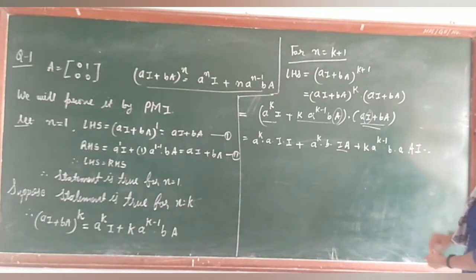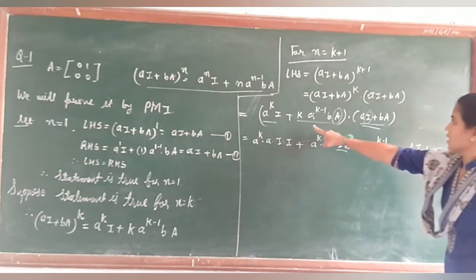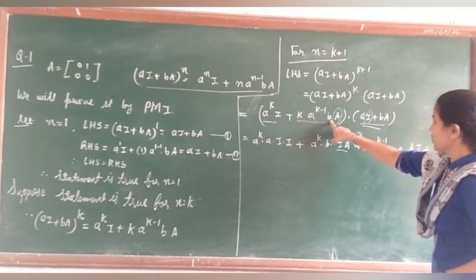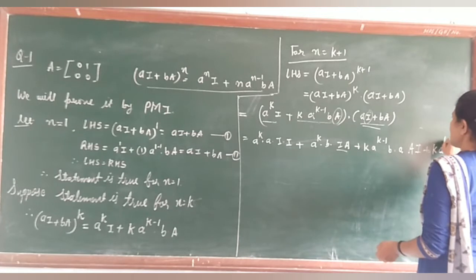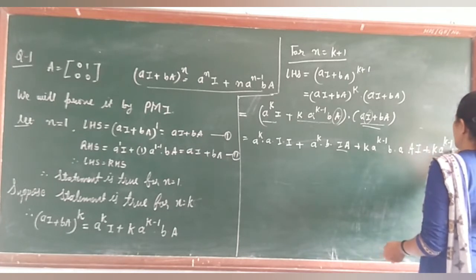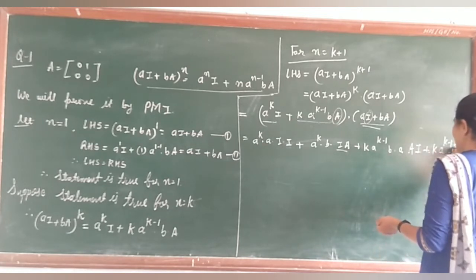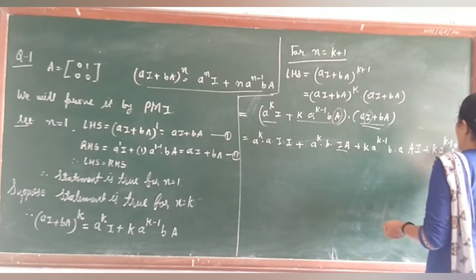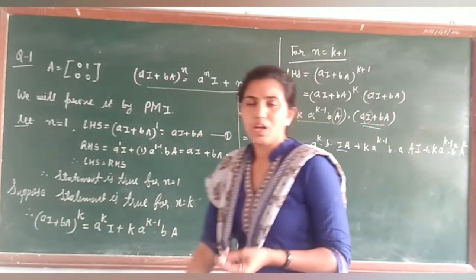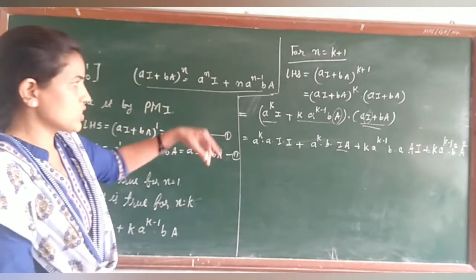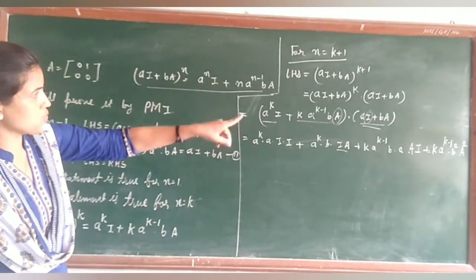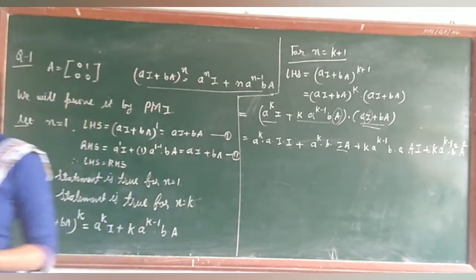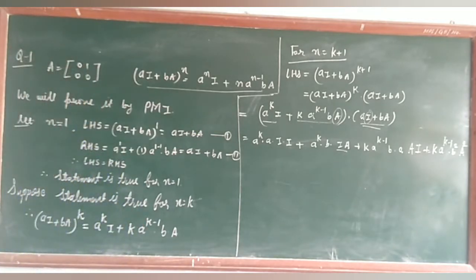Then last multiplication is k a raised to k minus 1 b A into b A. So I am writing k a raised to k minus 1 b into b, b square I can write directly. A into A I can write as A square. क्योंकि ये सेम मैट्रिक्स है, so I can write down like this: k a raised to k minus 1 b square into A square. So product is clear to you students?